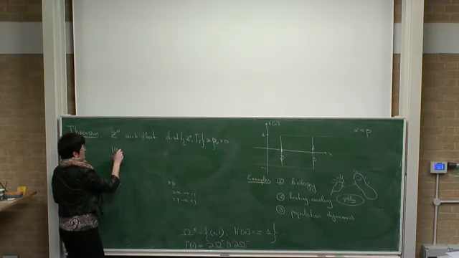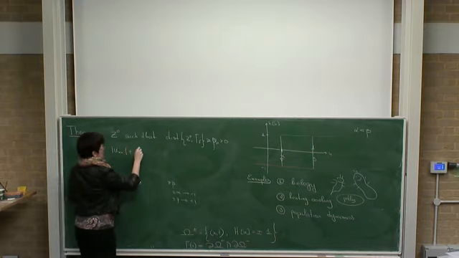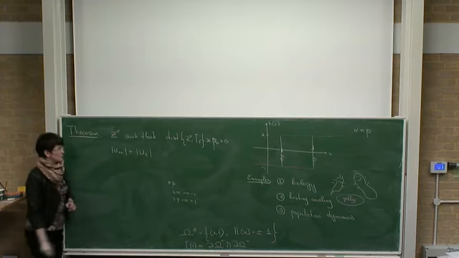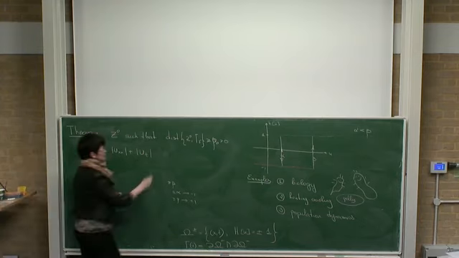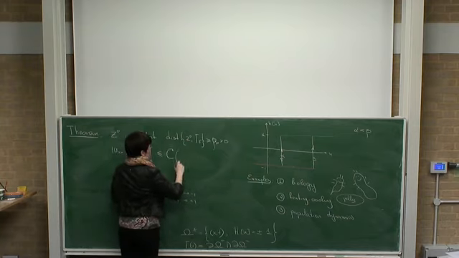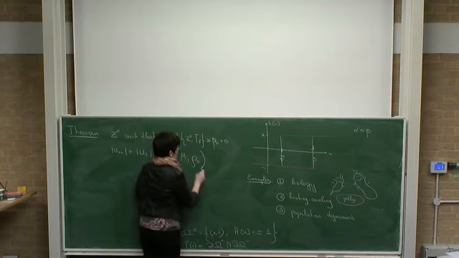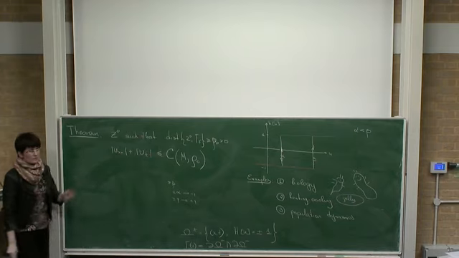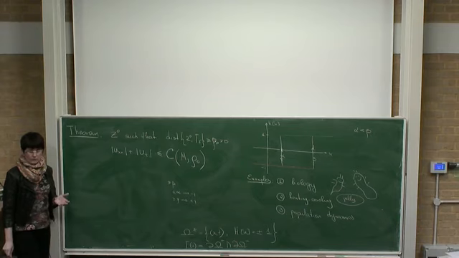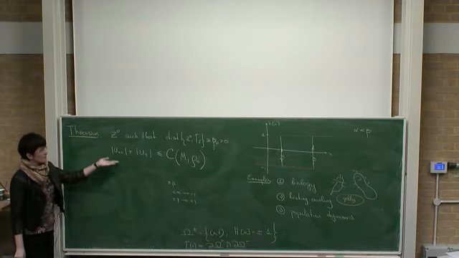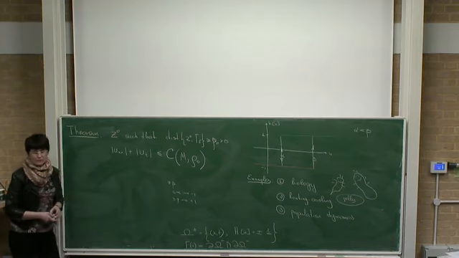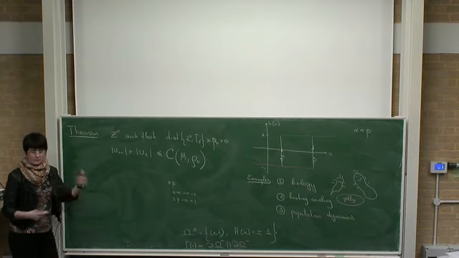In this case, we can estimate the second derivative with respect to x and the first derivative with respect to u via some constant, which depends on the maximum modulus of the solution and this distance rho 0. This is our aim. Such estimates are a crucial step for further study of the regularity of the free boundary. We need it in order to apply some rescaling, some blow up in the future.